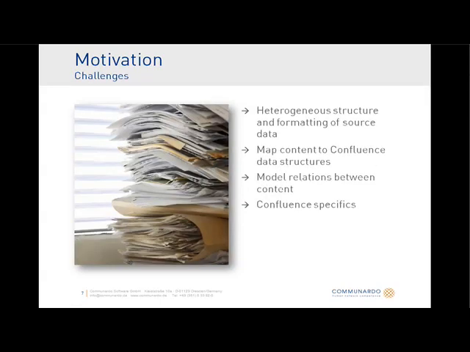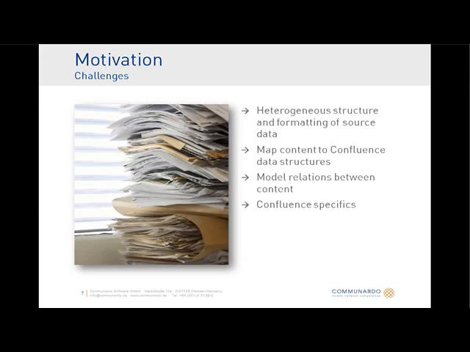Some of the challenges which arose while we were migrating content were that we had to face heterogeneous systems with all kinds of structuring and formatting for their data, and we had to map that data somehow to the Confluence data structures, the Confluence content types.